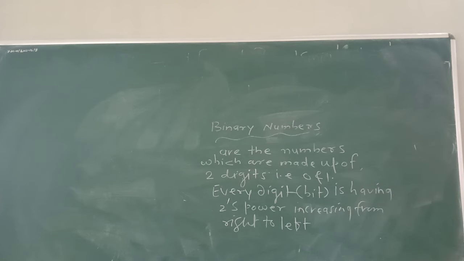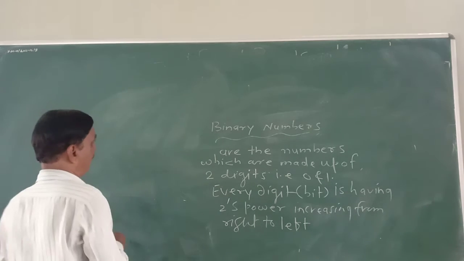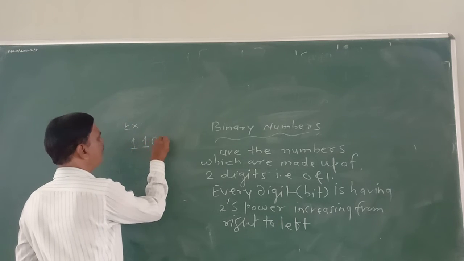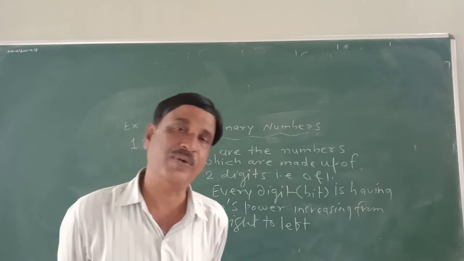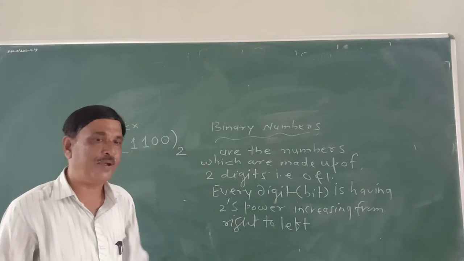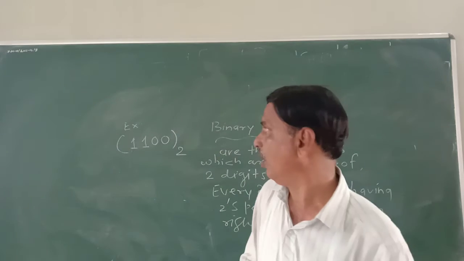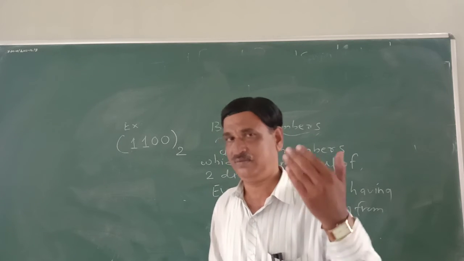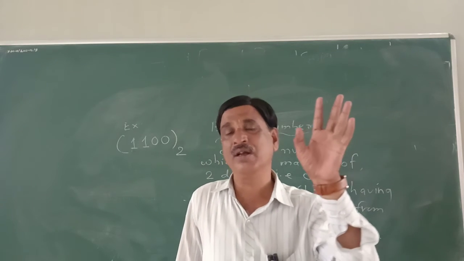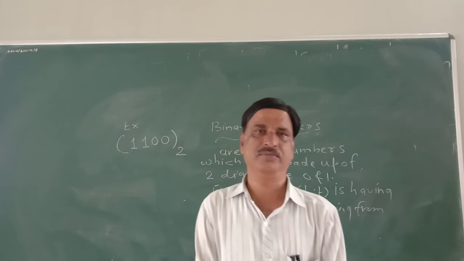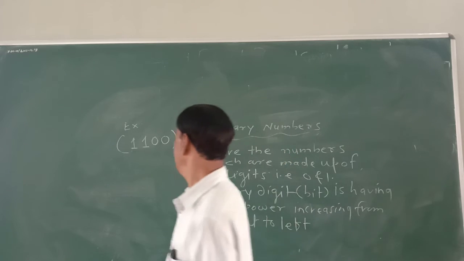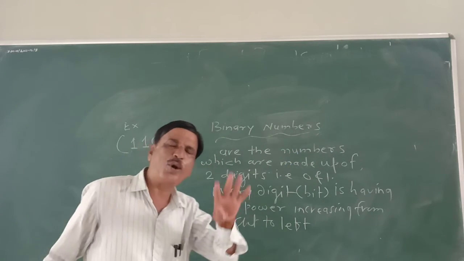Now, example: 1100. We must give the base 2, because these digits are also available in the decimal digit set. That's why we give the base to make clear it is a binary number. So this is a 4-bit binary number.